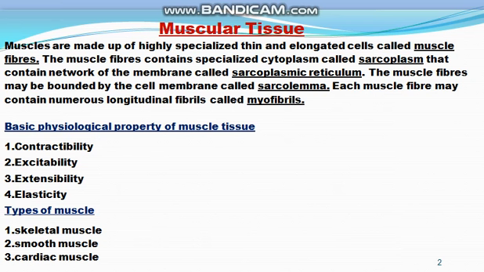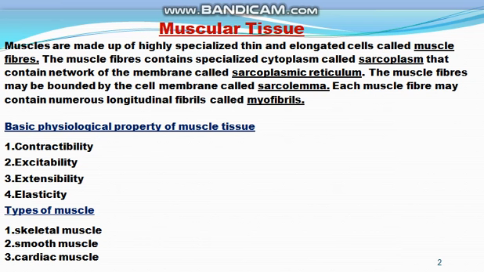Each muscle fiber, or each cell of the muscular tissue, is made up of many longitudinal fibrils, and each fibril is known as a myofibril. It means that each muscle fiber is made up of many myofibrils. So this is the introduction of the muscular tissue.